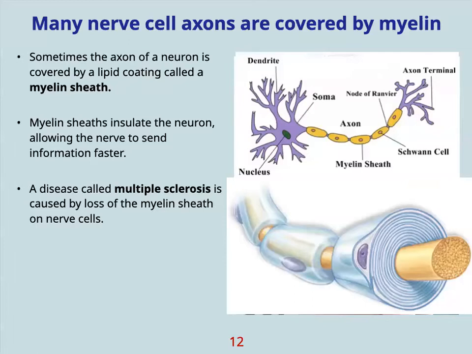Many of our neurons have axons that are covered by myelin. And that myelin sheath, or the development of the myelin sheath, is necessary for controlling our sphincter muscles. And that myelination process begins before birth, but is not completed in the frontal cortex until late in our adolescence.